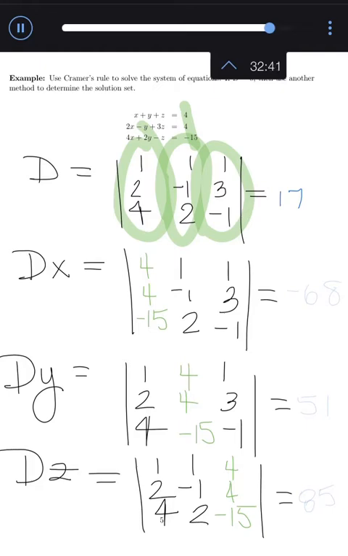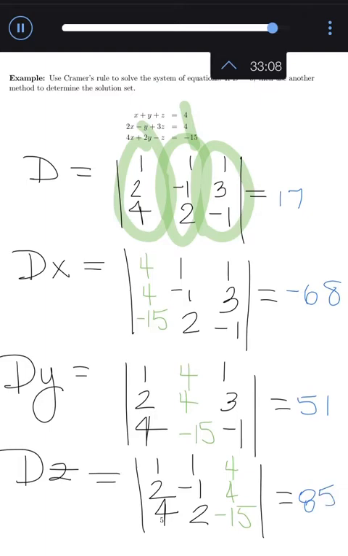The second matrix, dx, is going to have a determinant of -68. And the third matrix, dy, will have a determinant of 51. And dz, the determinant of that matrix, is 85.